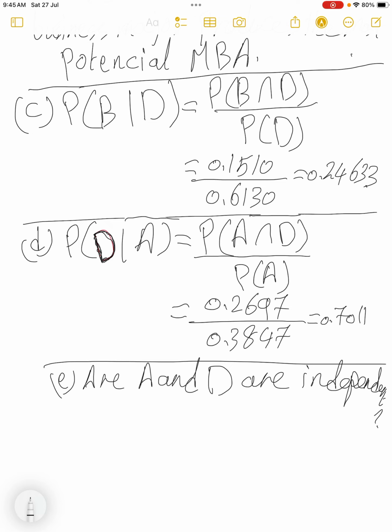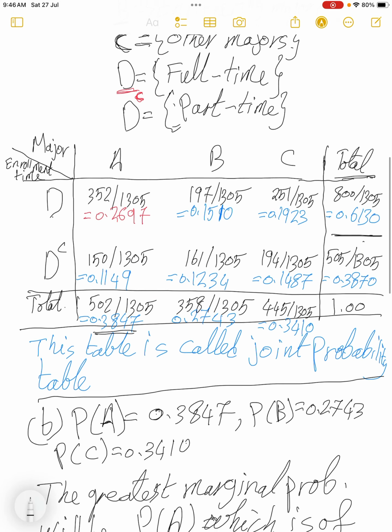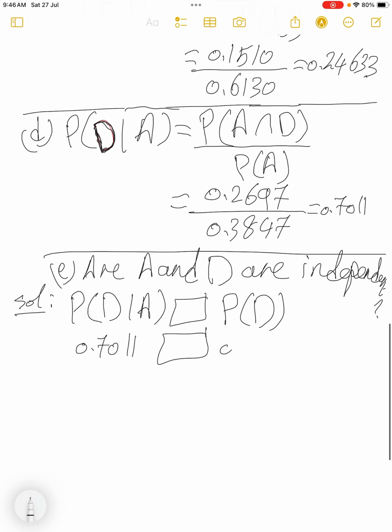In order to test, see if the probability of D given A is equal to the probability of D. Here you will have 0.7011 and the probability of D from the joint probability table is 0.6130, which is not equal.